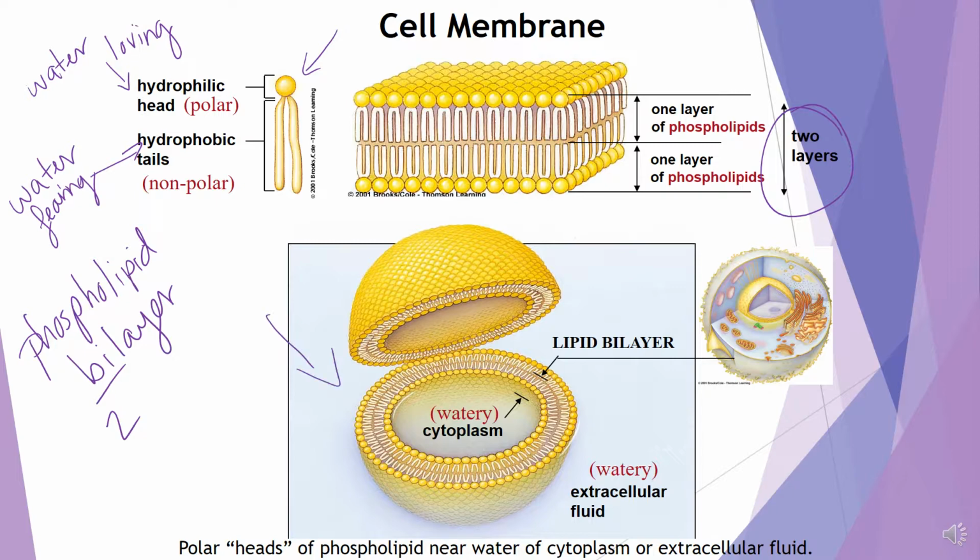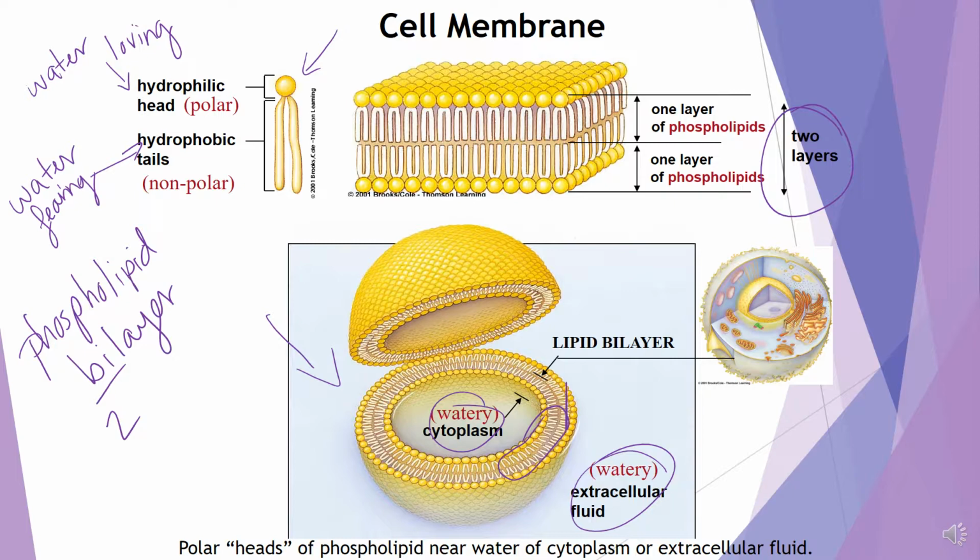So we have the watery cytoplasm. Remember, that's going to be found on the inside of the cell. We have the watery extracellular fluid that's on the outside, and this phospholipid bilayer here known as the cell membrane. And it's these hydrophobic tails that actually keep the water from the outside from just freely moving in and expanding or bursting the cell.